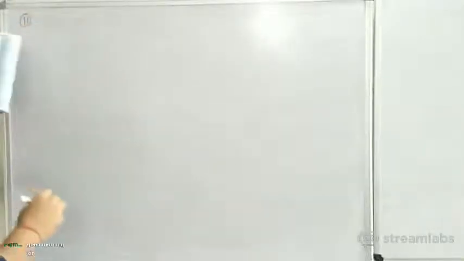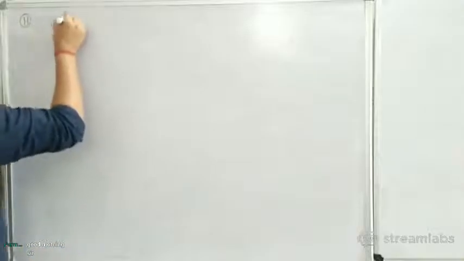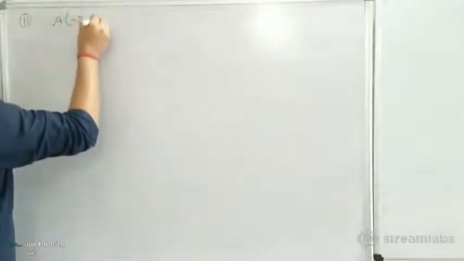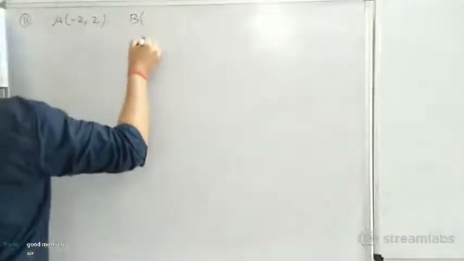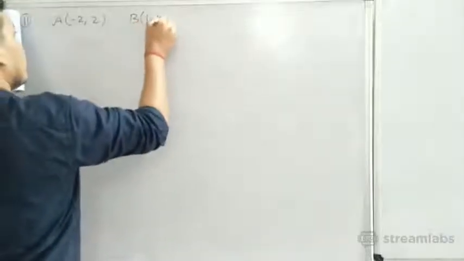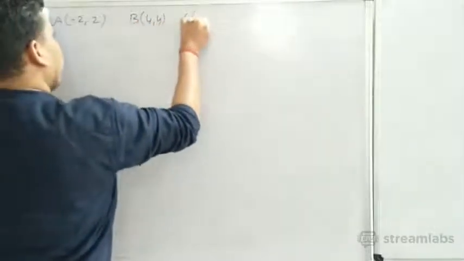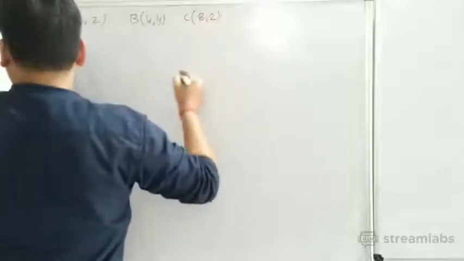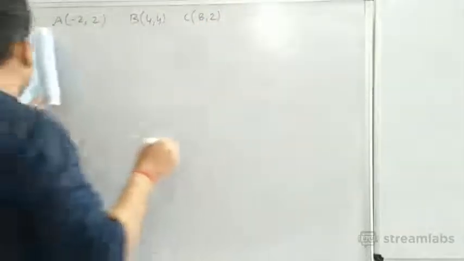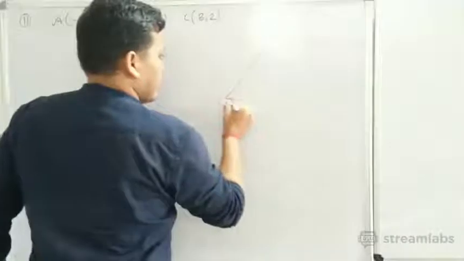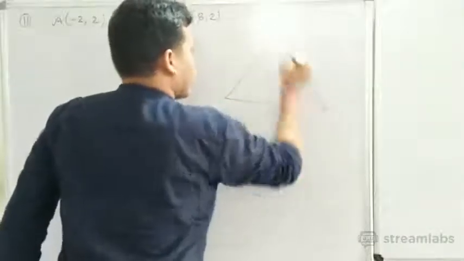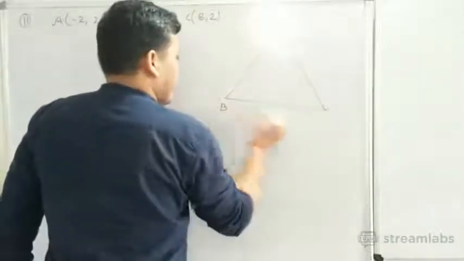The vertices of the triangle: A is (-2, 2), B is (4, 4), and C is (8, 2). Find the length of the median. Okay, this is our triangle. Listen carefully.